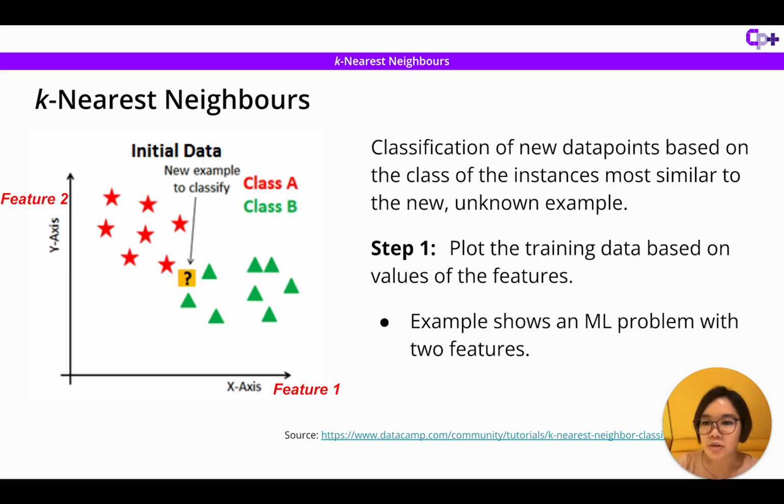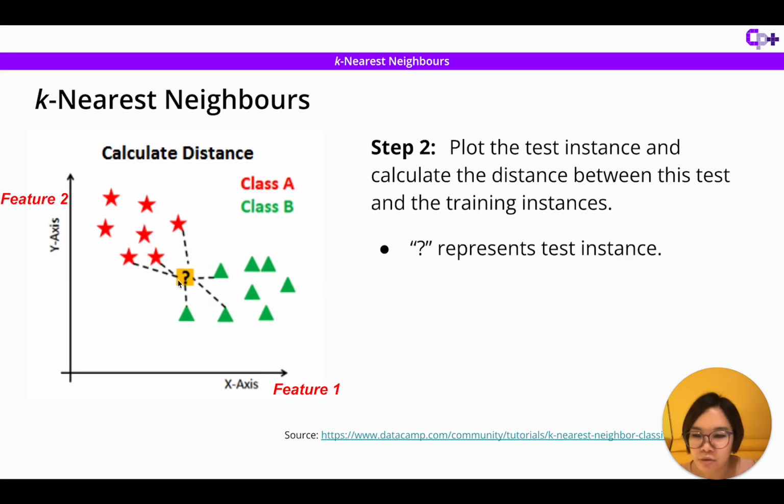Yeah. So once you plotted all your points with all the features, then we will also need to plot the unknown example. So the unknown example shown by the question mark here is plotted on your graph as well, and then you want to find the distance between this unknown and the nearest points around it.